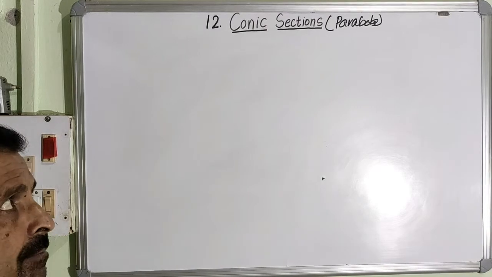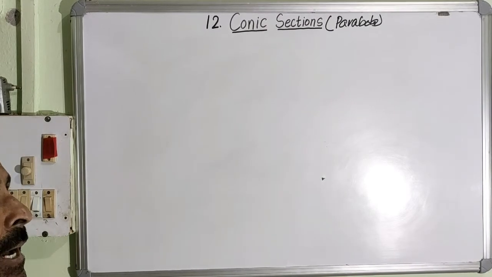Now, after understanding all the components and important information about the parabola, we are finally entering into the questions. First of all, we have question number 1 of exercise 12a. As you can see on the board, find the equation of the parabola whose focus is at (10, 0) and the directrix is x is equal to minus 10, right?